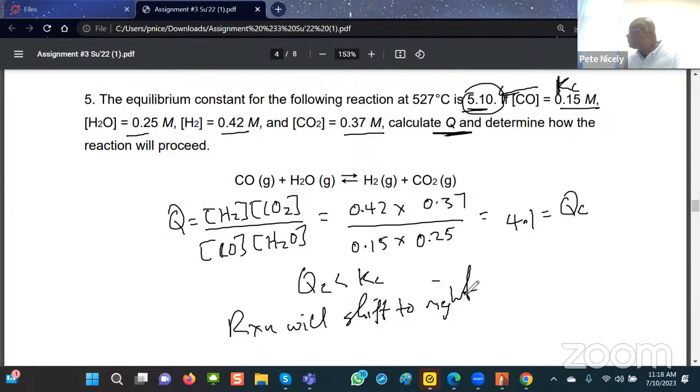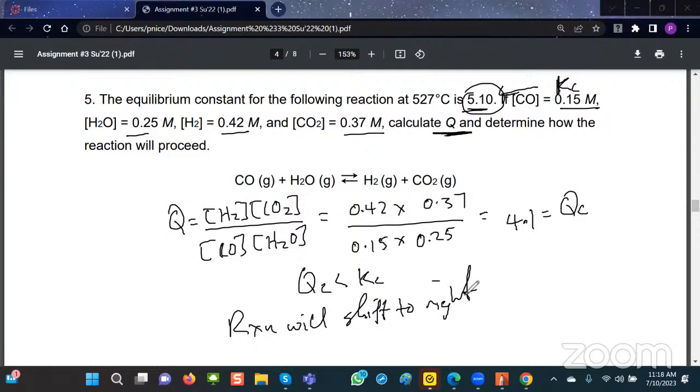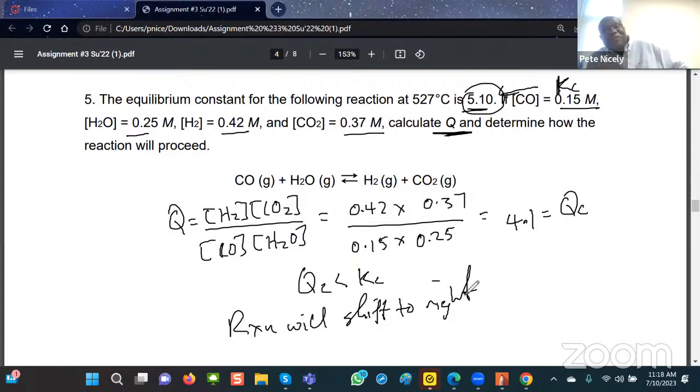Any questions? Yes, go ahead. Sorry, I noticed that most of the givens have the M after them. Is it important to write the units in the equation? Does that make a difference? Okay, so as I said before, when it comes to the Kc value, the common practice now is that we don't need to include the units.